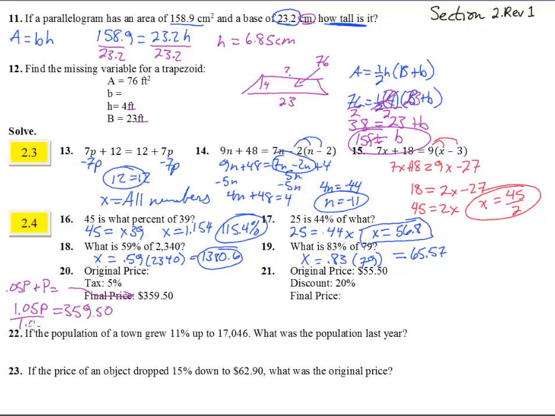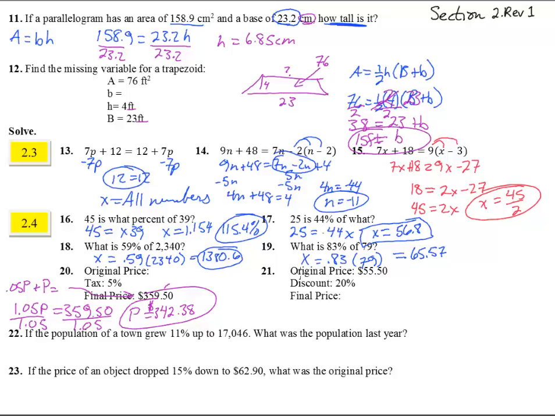Now just divide by 1.05 on both sides, and we get the original price was $342.38. Round to the nearest penny on that one.